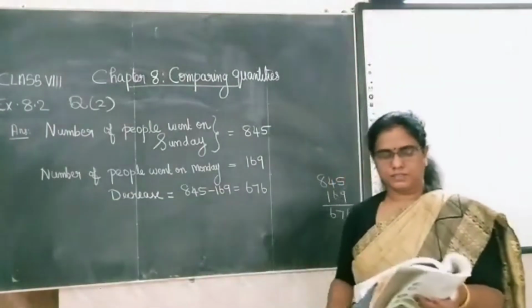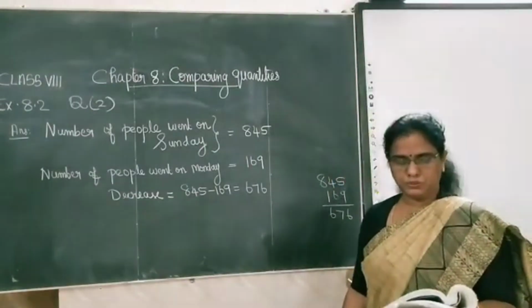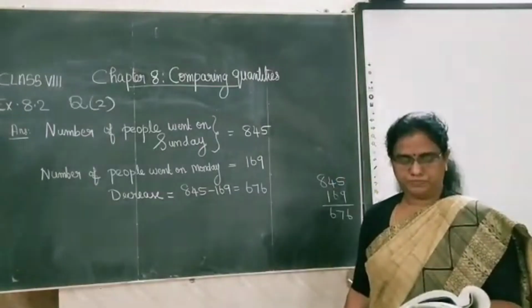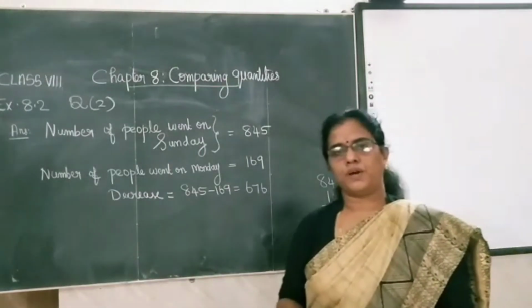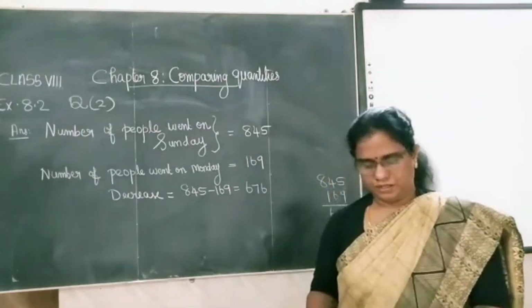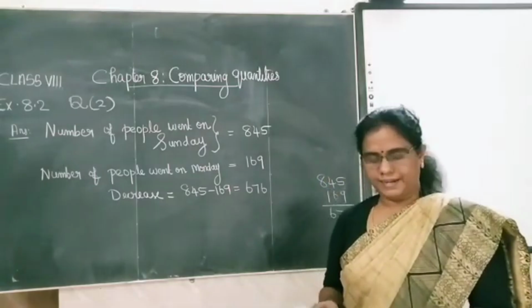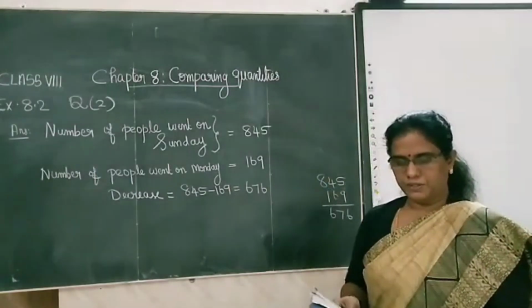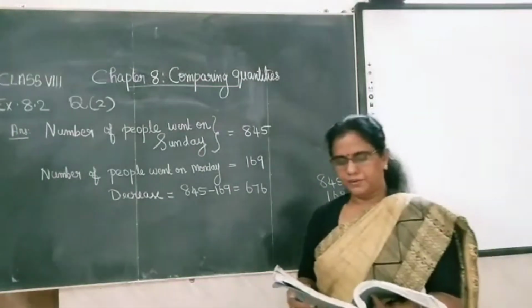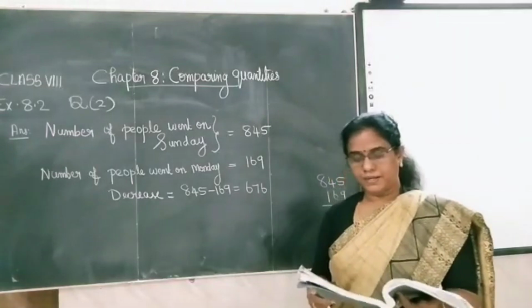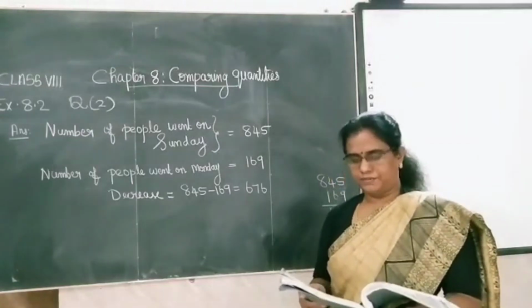Now we will discuss exercise 8.2, question number 2. That is page number 125. That is, on Sunday 845 people went to the zoo. On Monday only 169 people went.